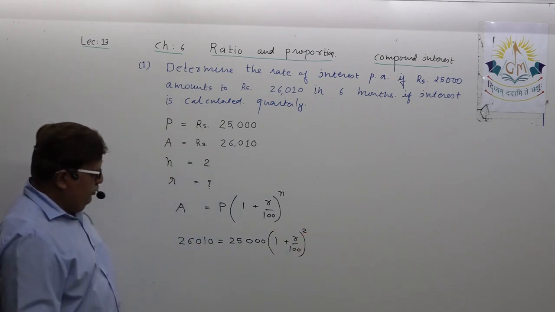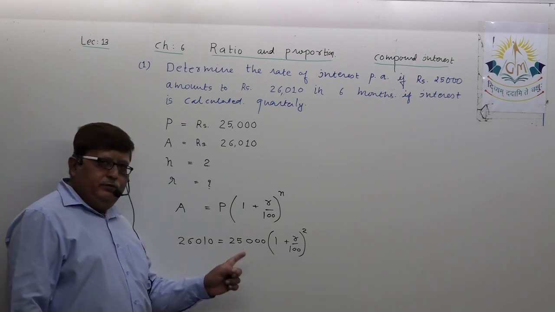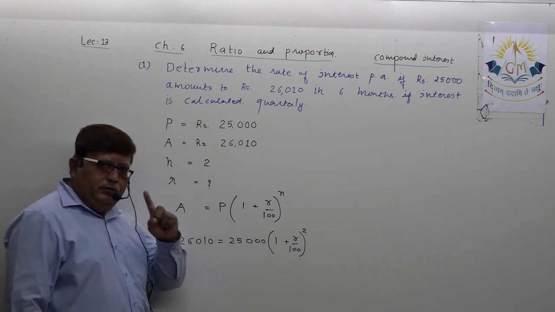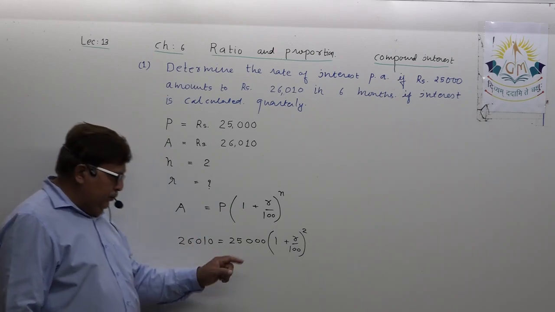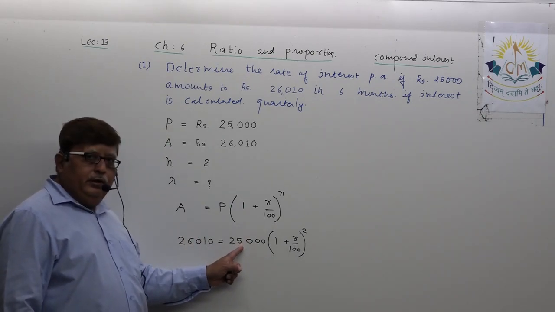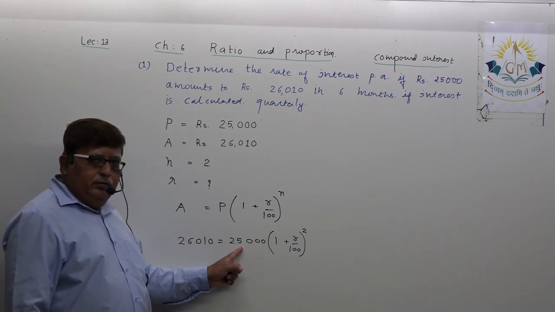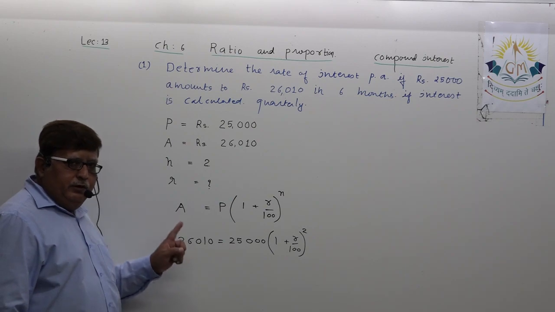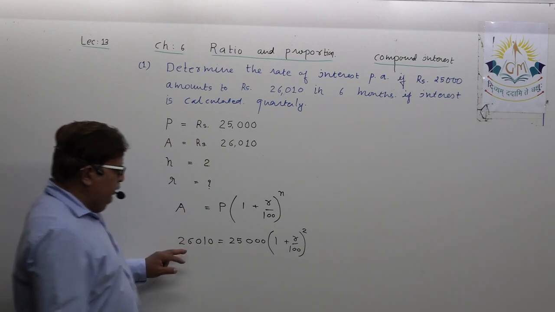Dear student, this is the first step we have done, just substituting all the necessary values. Now the next step: you have to transfer the principal value 25,000 here into the denominator. Please try to understand the steps involved in solving this example.